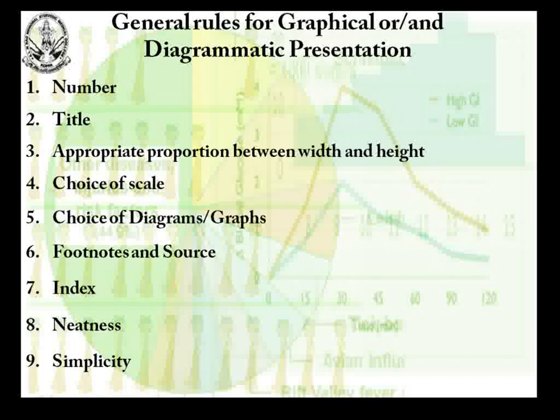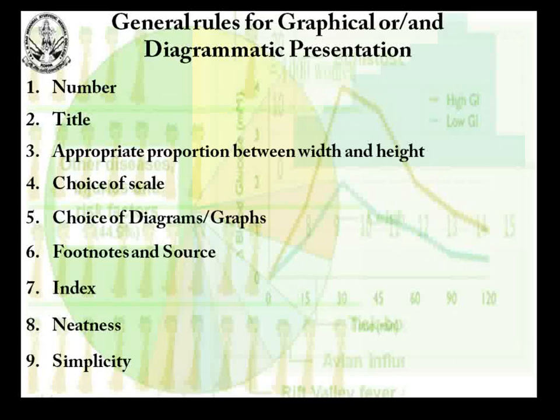Some general rules are there for graphical and diagrammatic presentation. It is the same way as what we have seen in tabular presentation. Like first, a number should be there. In the same way, the number gives specific identification as well as options for further referencing. Then it must have a title. It should be based on the subject matter and facts depicted in the diagram.